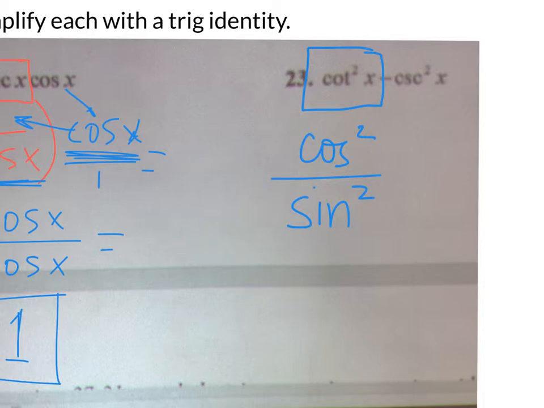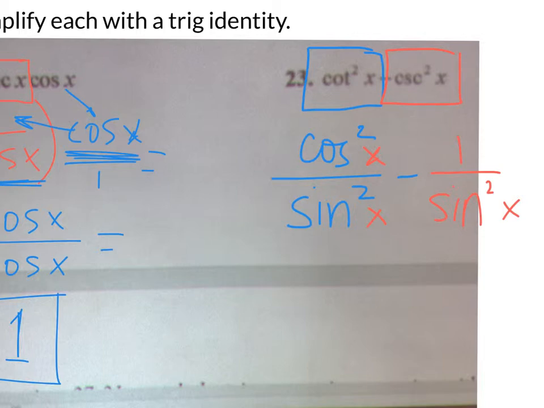Because cotangent is the cosine over the sine, which means cotangent squared is cosine squared over sine squared. Okay, both of them. And then this one, the cosecant, hopefully you know the cosecant is 1 over the sine. Oh, these all have x's on them, by the way. I always leave them off. So I replace cosecant with 1 over sine.